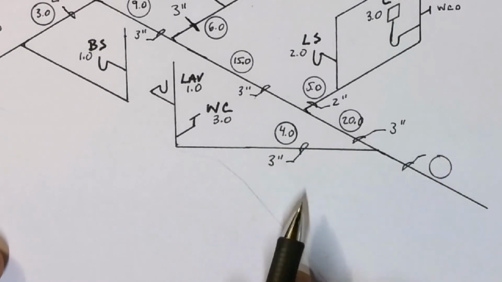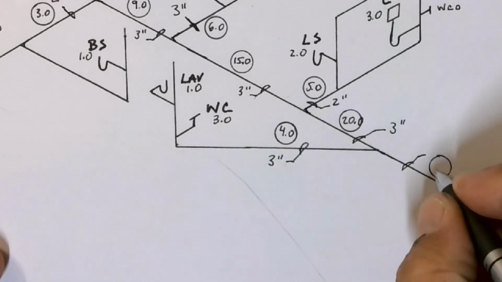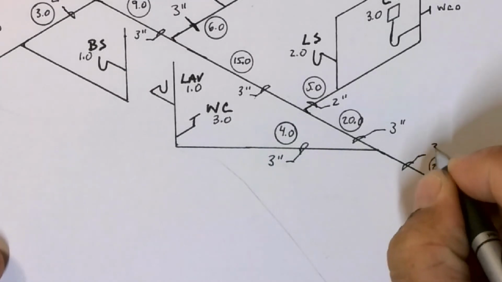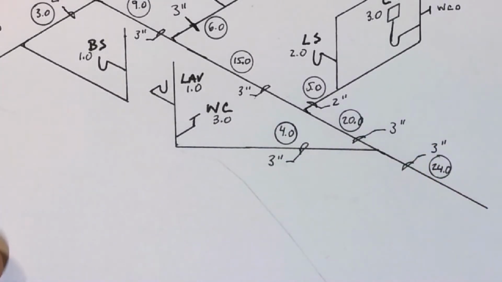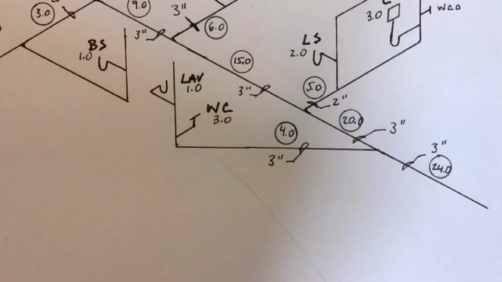So this piece of pipe is 20 plus 4 for 24. And my pipe size is 3-inch. Okay? You go through and you systematically do one size at a time. And that's what you have to do.